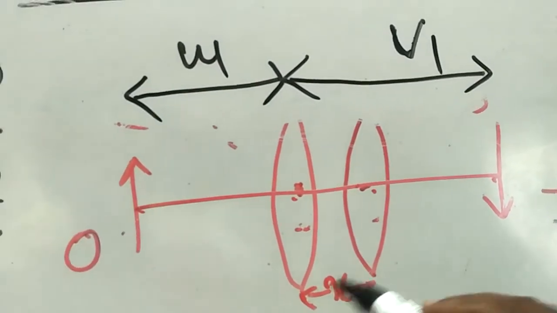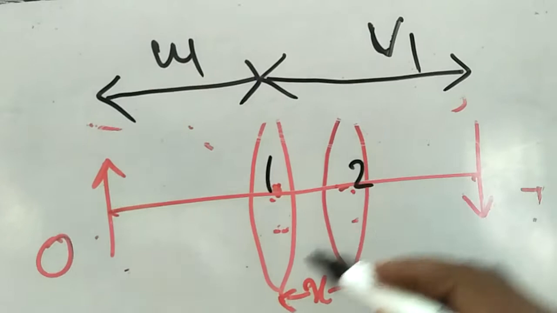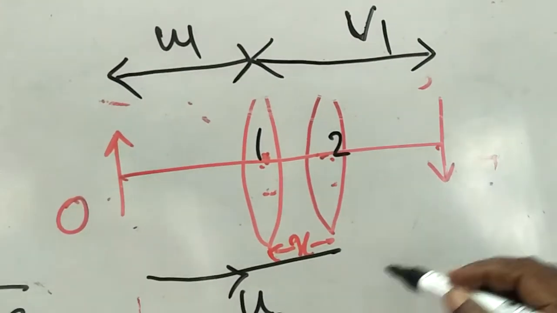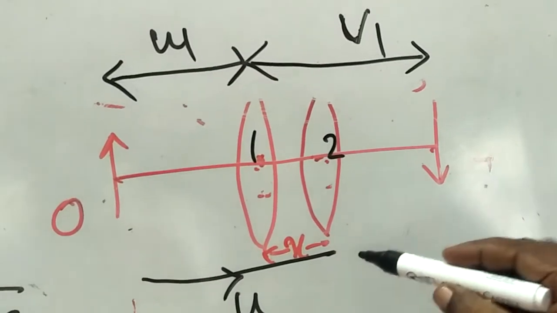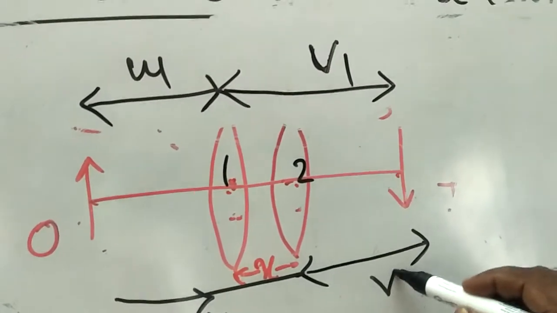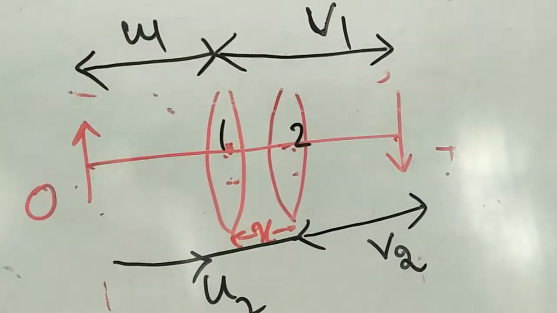Similarly for the second position, neglecting the first lens, this will be u2 and this will be v2.